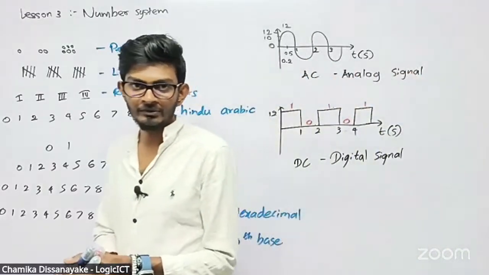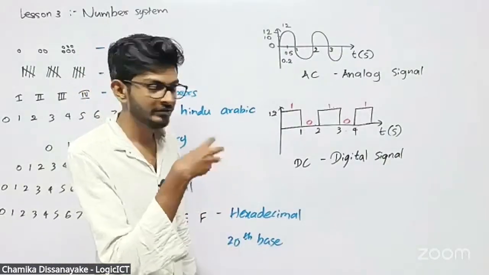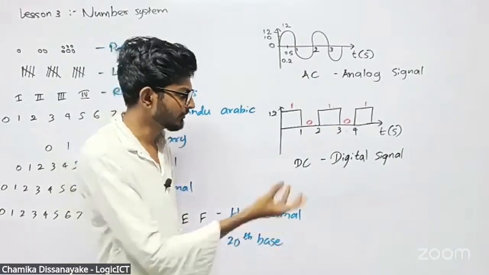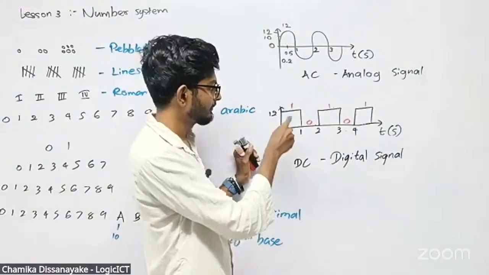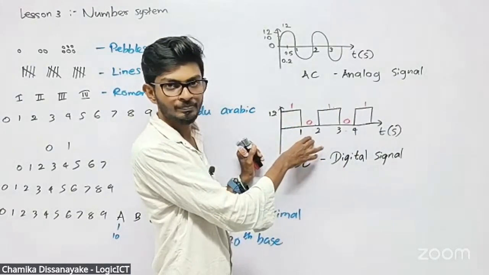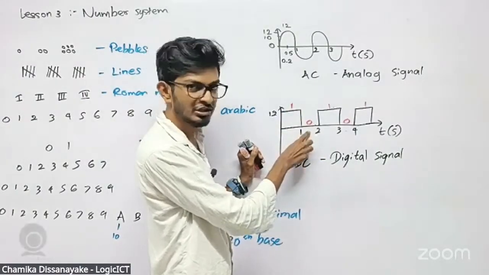Our computer is an electronic device, so we can give direct current or digital signals to our computer, like high volt and low volt. That means 12 or 0. High voltage means 1 and low means 0.